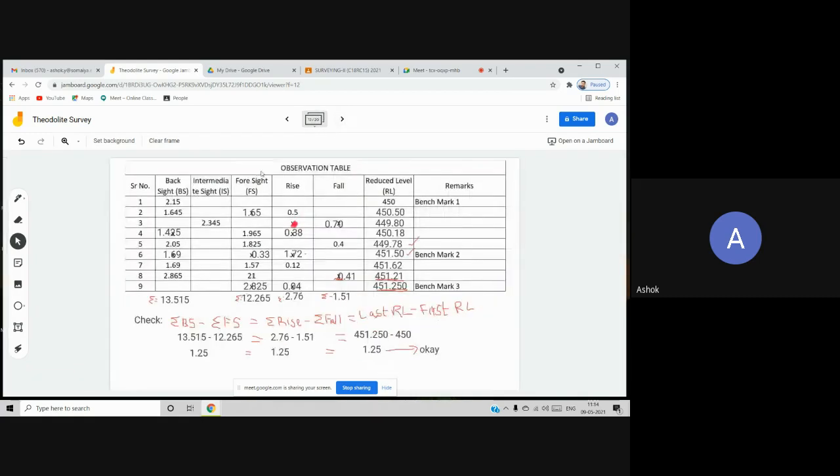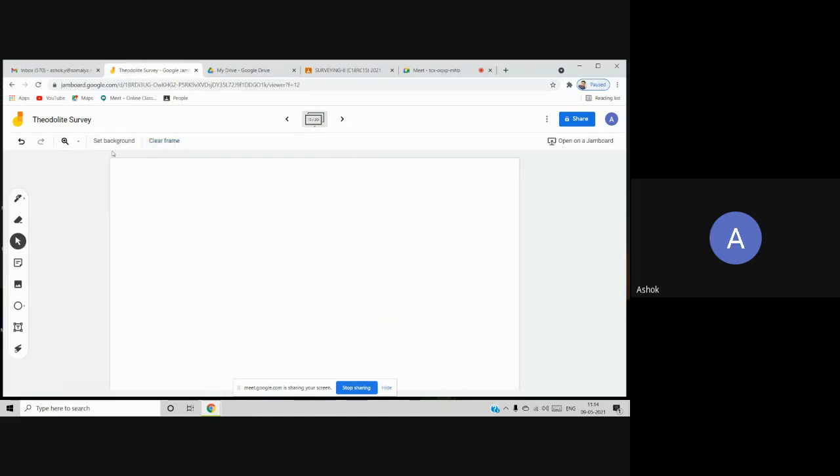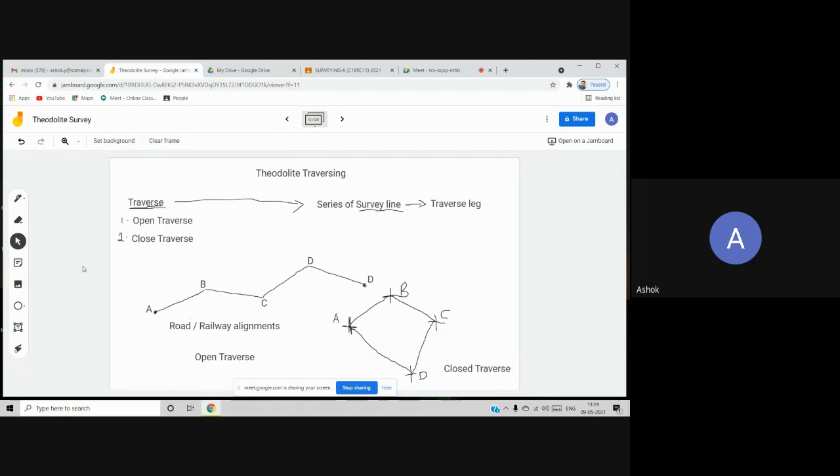Now see here, in this traverse, what is AB or BC or CD? What are they called?